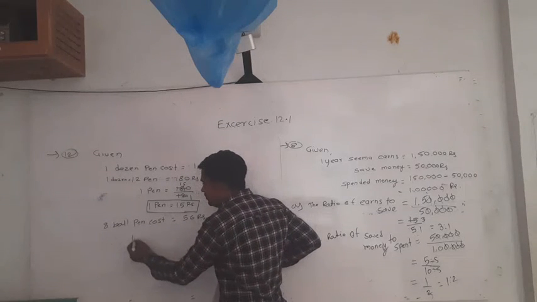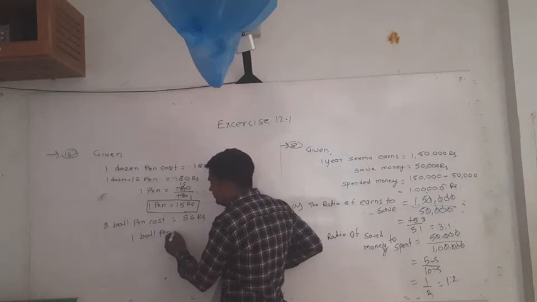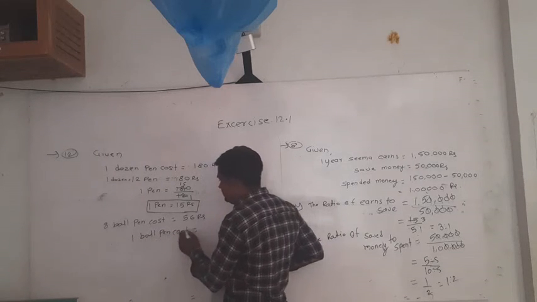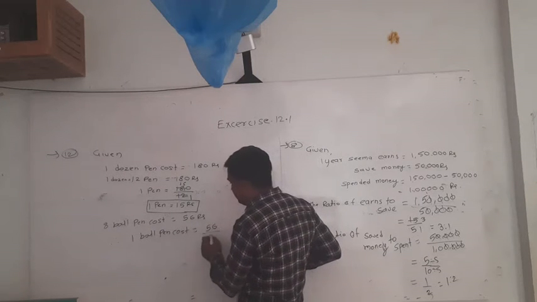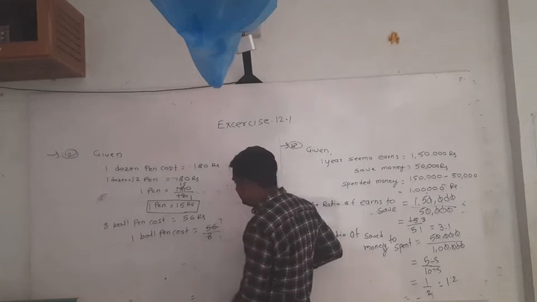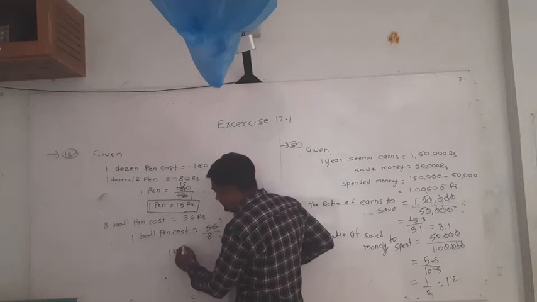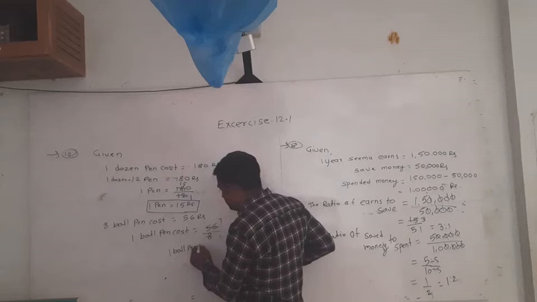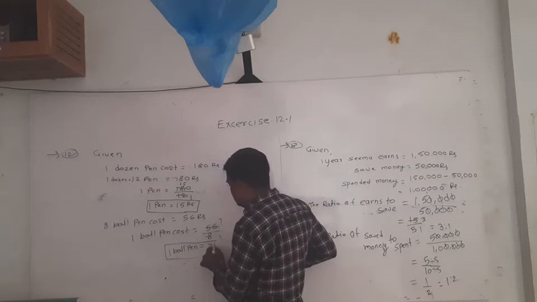Therefore, the cost of one ball pen is equal to 56 divided by 8. 8 ones are 8, 8 sevens are 56. So one ball pen costs 7 rupees.